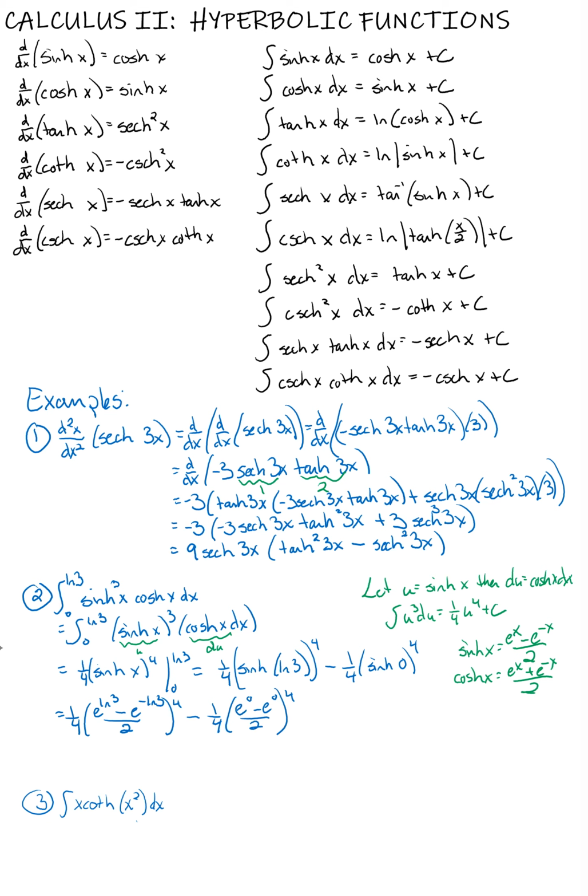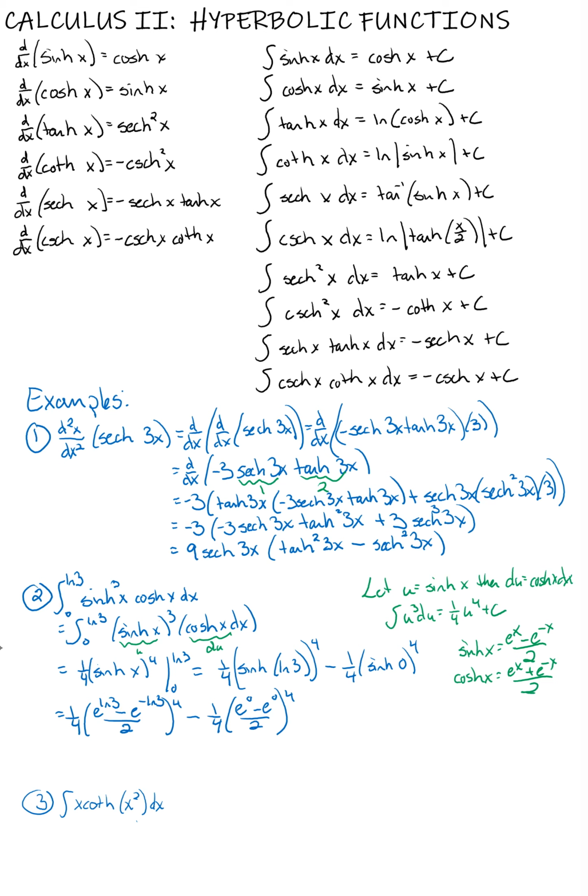Well, e to the natural log of 3, and make sure that's clear, that is just an argument of 3. E to the natural log of 3 is just 3, right? But what about e to the negative natural log of 3? How do we do that?